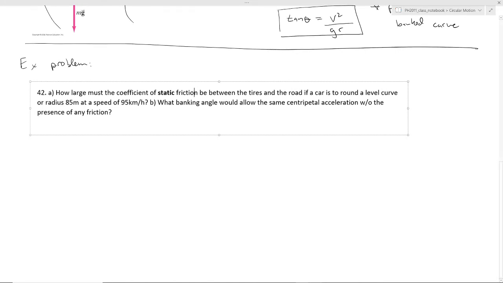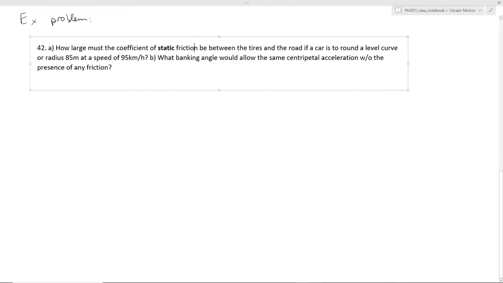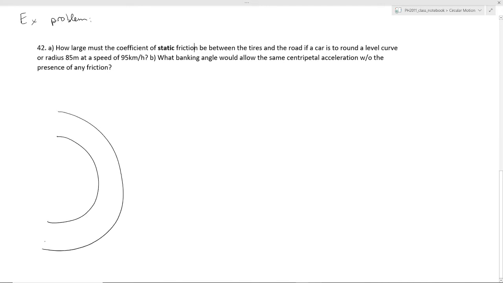Okay, so let's give ourselves a picture here to try and understand what's going on. So we have some curve that's 85 meters in radius, and I have a little cartoon of our car here.